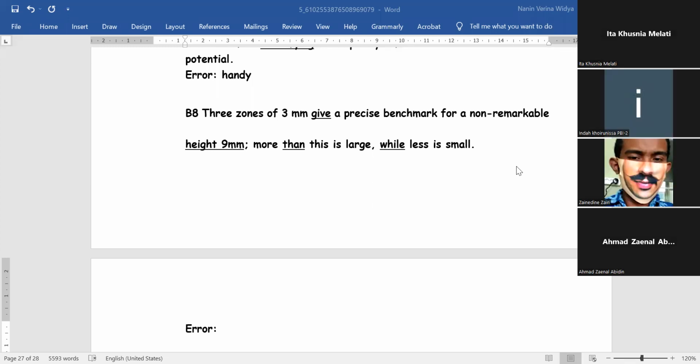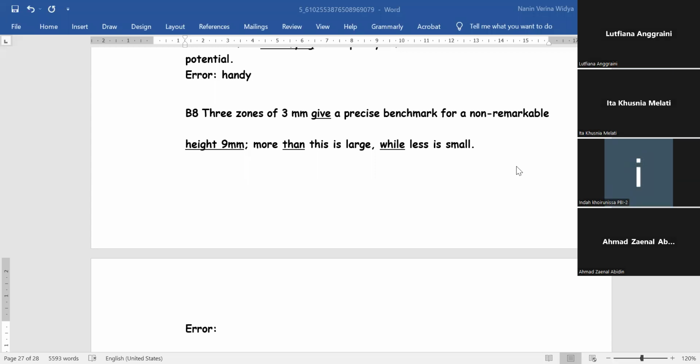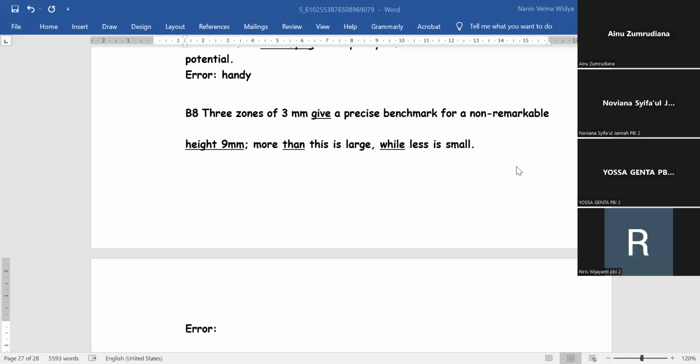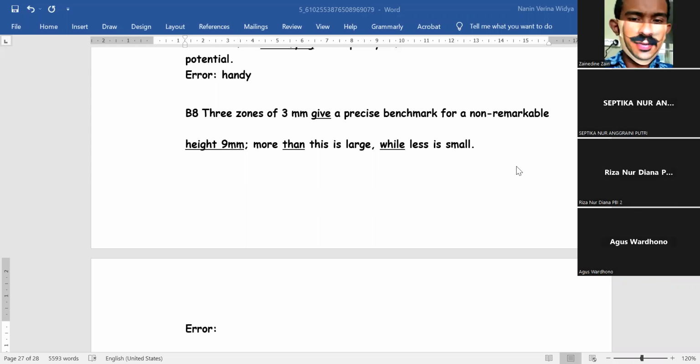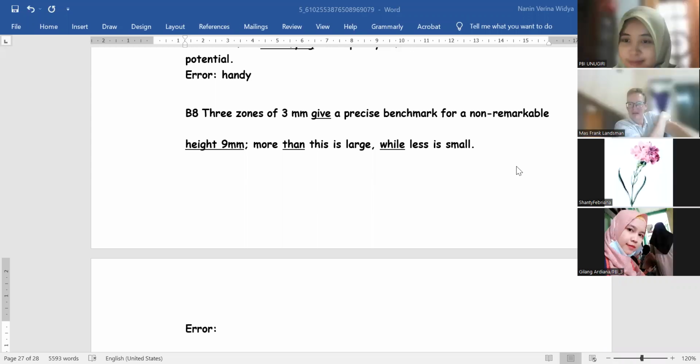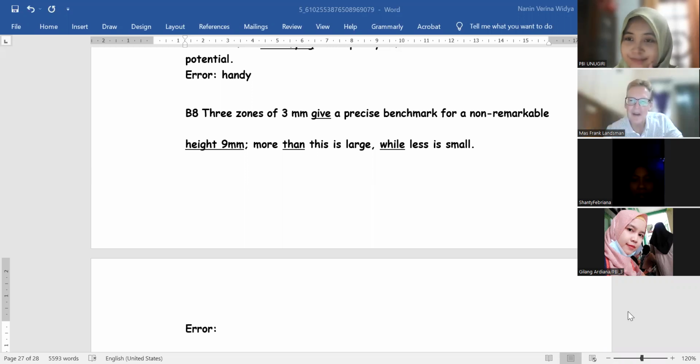Which was the error? Please, others? Mbak Gilang maybe. So you're skipping a word, yeah?